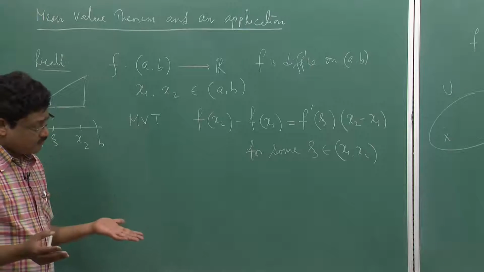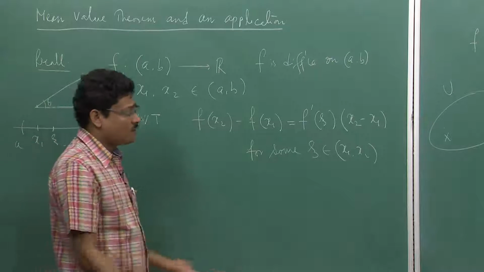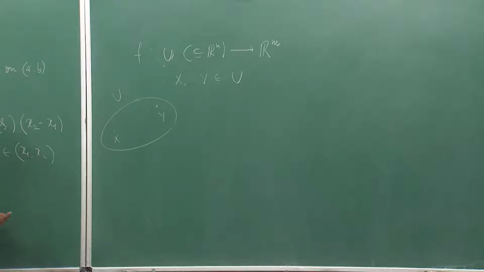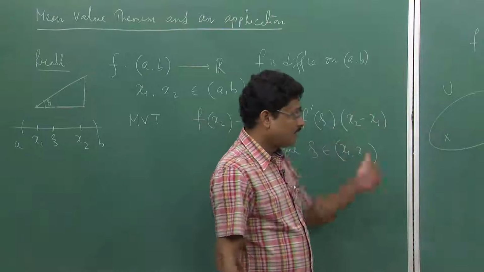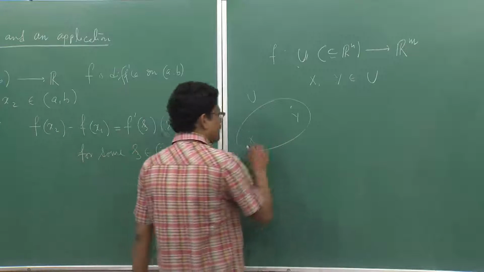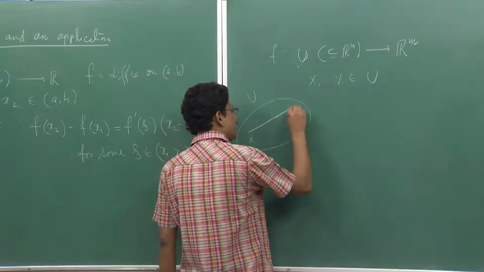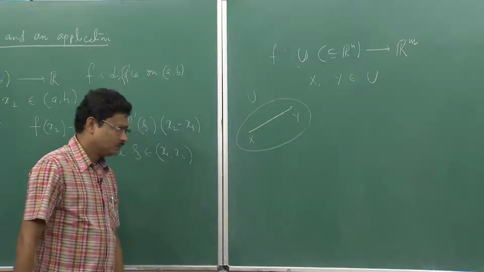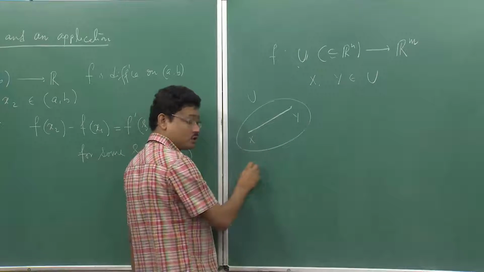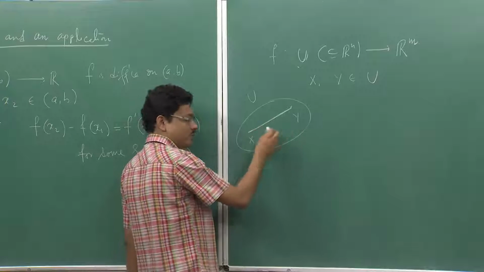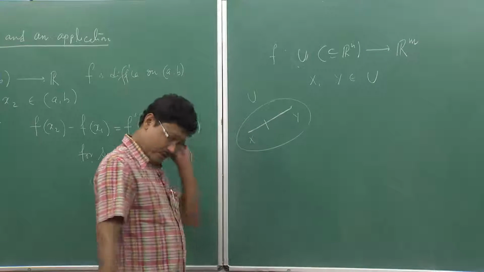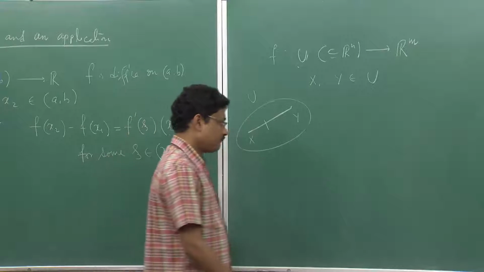To make sense of a in between point of x and y, we need some notion of that. So, what is in between 2 points in an open set in Rn? Well, most natural is that you join x and y and you get a line over here. If the line entirely belongs to U, I will see an example, and xi is some point here, z is some point here.